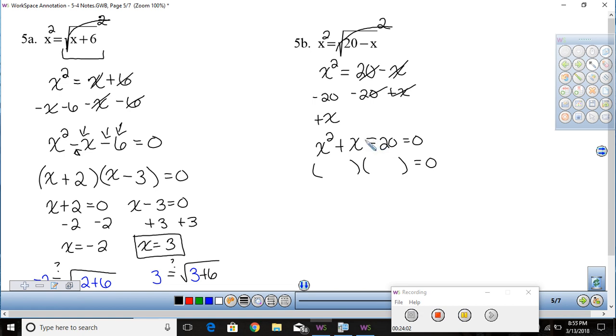Since the last sign is a minus, that means you're going to have a plus and a minus. To get x squared, you need x and x. And what multiplies to make 20 and subtracts to make 1? That would be 5 and 4. And since there's a plus in front, the bigger of those two goes with the plus. Then I'm going to set those two factors equal to 0.